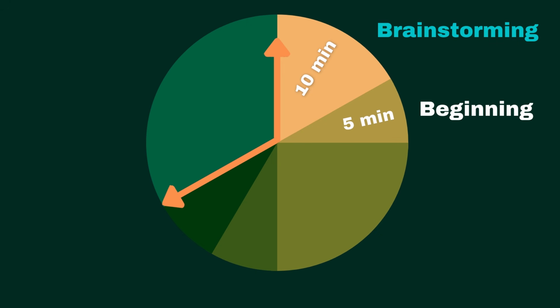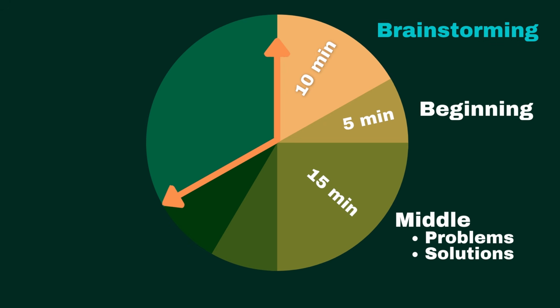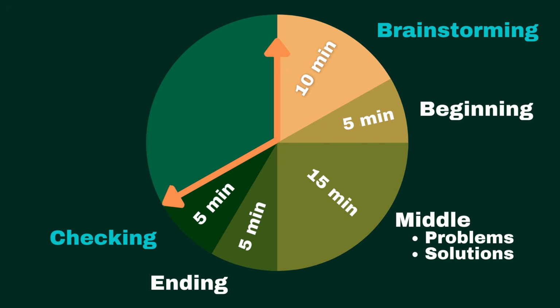Then, take about 15 minutes writing about the problems faced and solutions taken by the characters. After that, spend 5 minutes to write the ending of your story. And finally, use the remaining 5 minutes to check your essay. That was the time allocation on how to plan your writing.